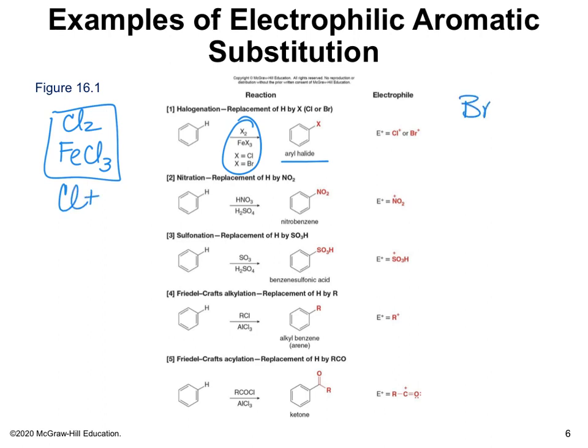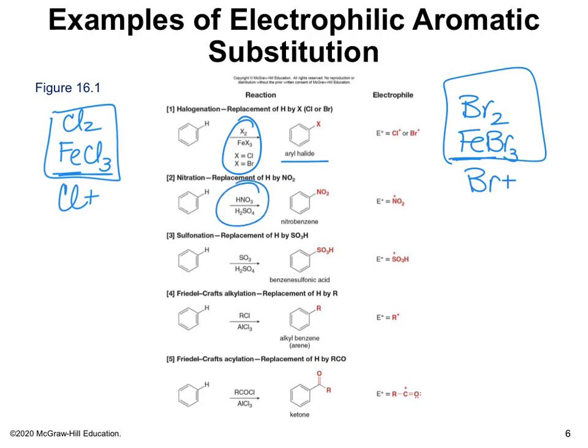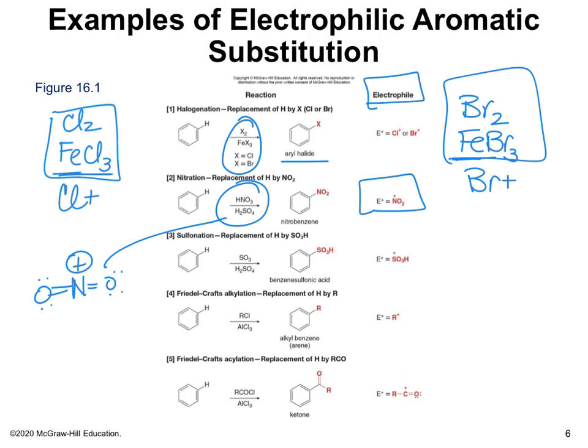If you have bromine with iron(III) bromide, I want you, for your reaction mechanism, to show your electrophile, because this activates the Lewis acid, and you'll see the slides of how electron donating and back donating generate the electrophile. This is nitric acid with sulfuric acid, and this electrophile is the nitrogen plus. Okay, you see the electrophile? That's part of the mechanism.